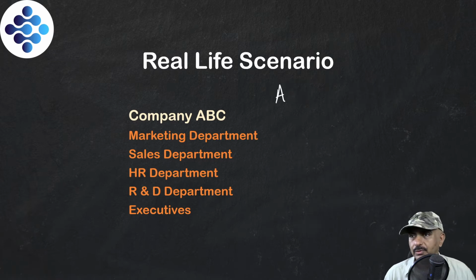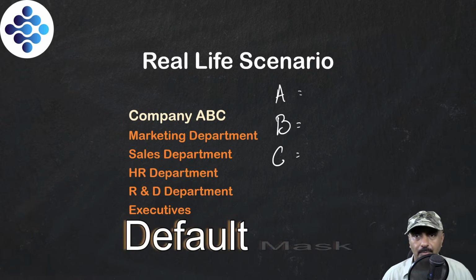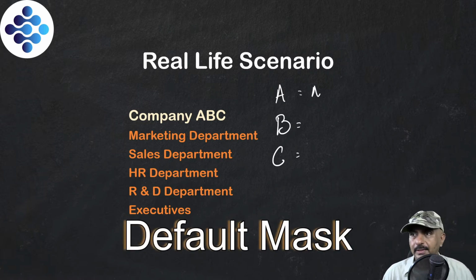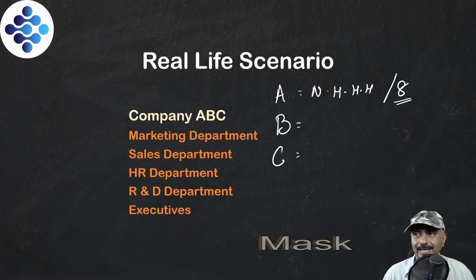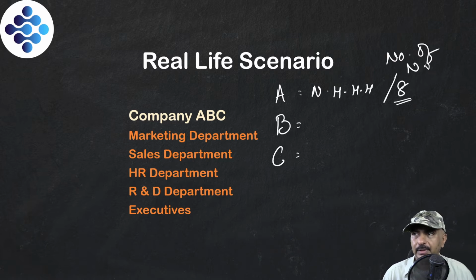We discussed also class A, class B and class C. In these cases there was a concept of default mask, right? So it was network, host, host, host. That's why this was /8. What was this /8? That was nothing but the number of network bits. Remember, this is for default mask.